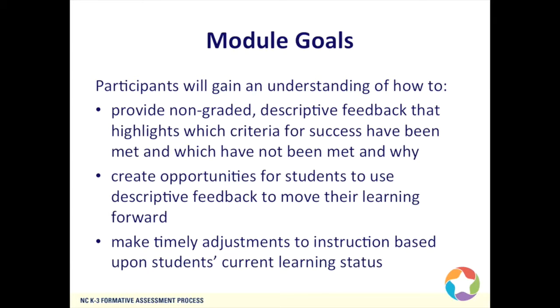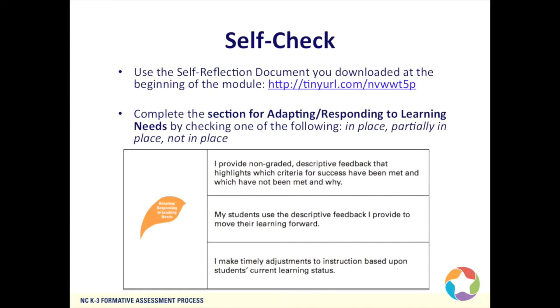Make timely adjustments to instruction based upon students' current learning status. You can do a self-check for this module by using the self-reflection document that you downloaded at the beginning of the module. Complete the section for adapting and responding to learning needs by checking one of the following for these 3 items: in place, partially in place, or not in place for the 3 module goals.